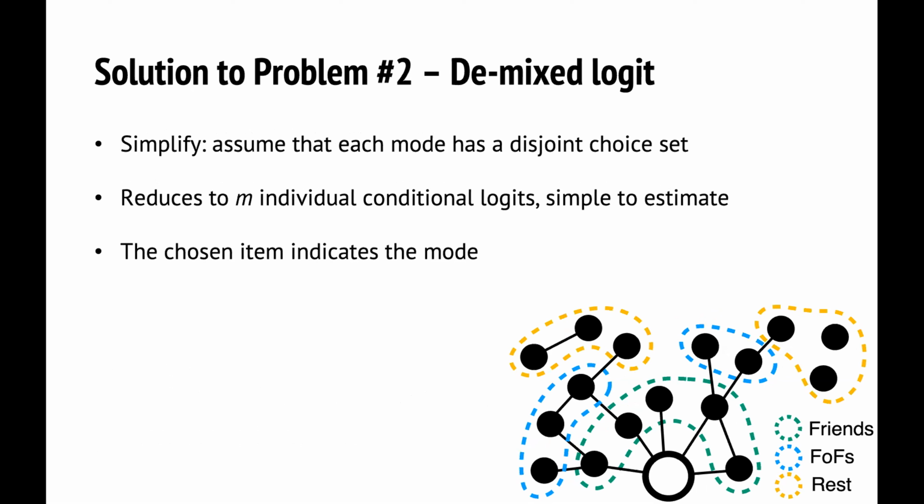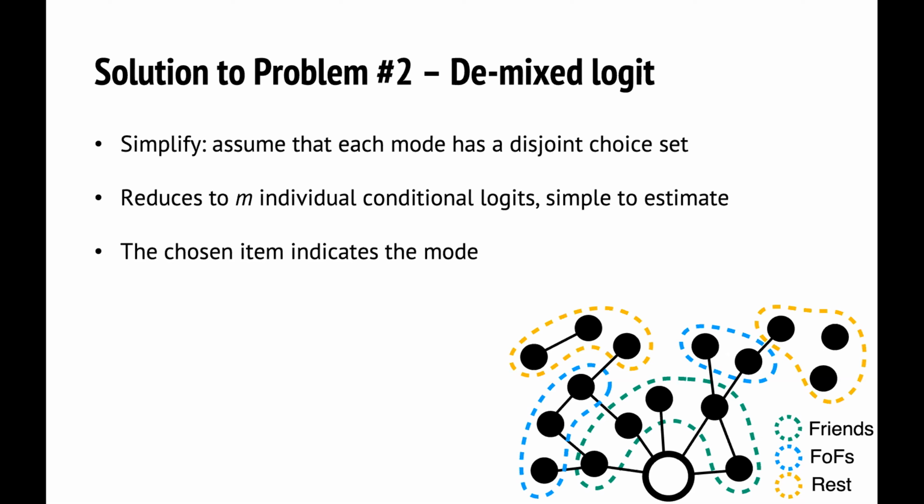One intuition why this is so easy to do is that, because the choice sets are disjoint, the choice set that the chosen item is in indicates what mode that choice was made in. So you basically have a latent class model where the classes are known, and you just have to estimate the utility function within those classes.